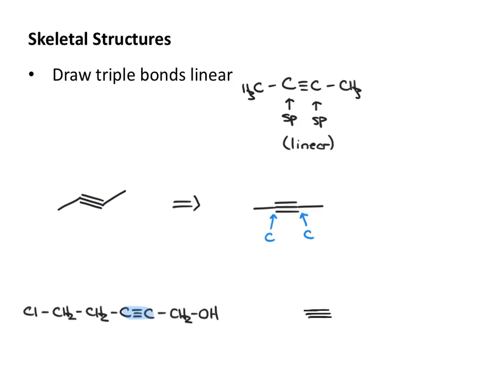Then add the groups on the right and the left. So on the right, we have a CH2OH. So here's my CH2, and then I'll make a bend to go to the OH. On the left side, I have a CH2, CH2, Cl. So draw a line, here's the CH2, make a bend for the next CH2, and then the Cl.